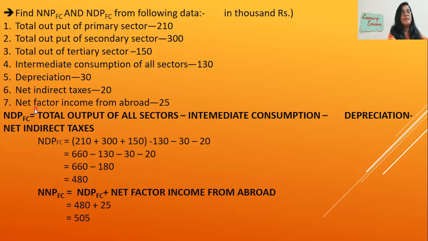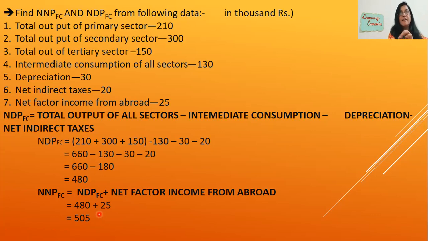Now, students, remember one thing. Always see it very carefully: it is net factor income from abroad. Suppose it is written net factor income to abroad. What will you do? To abroad means we have given; we have not got. We have given more. So if it was given as net factor income to abroad and it is given as 25, we have to deduct it. When it is written net factor income to abroad, it will become negative.